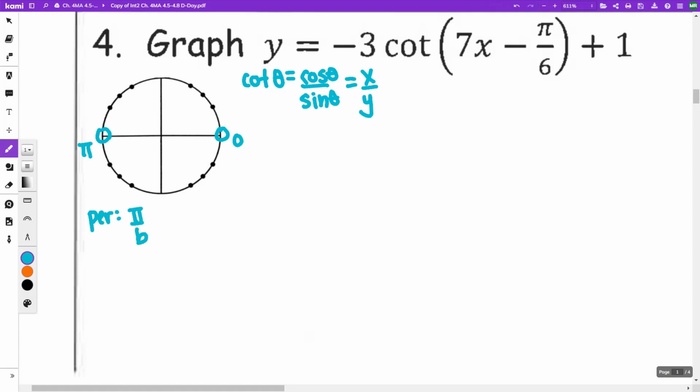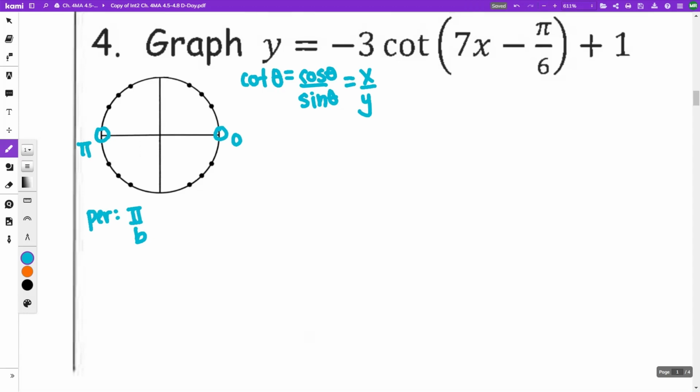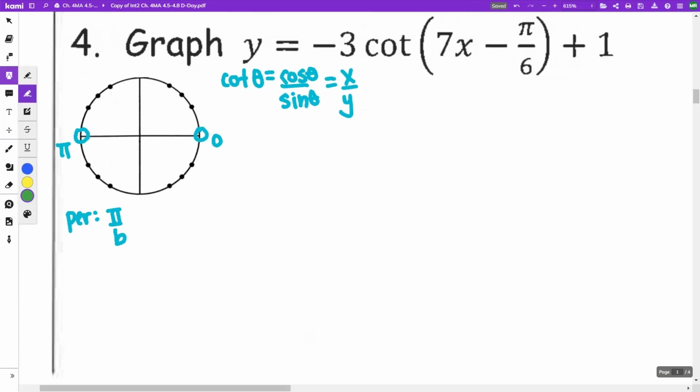Okay. Now, the way I like to think about these is I like to take whatever is my B along with whatever is going to affect my phase shift. Okay, that whole thing there, the 7, whether it's inside the parentheses or outside, I would include. And I'm going to take that and I'm going to set it equal to my asymptotes.